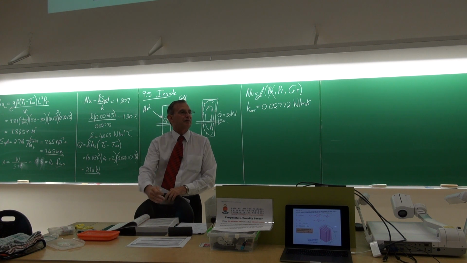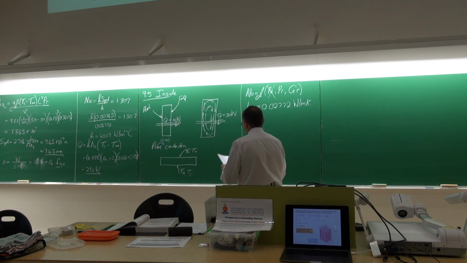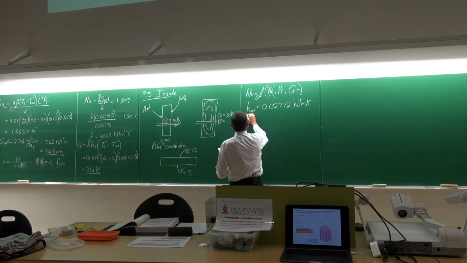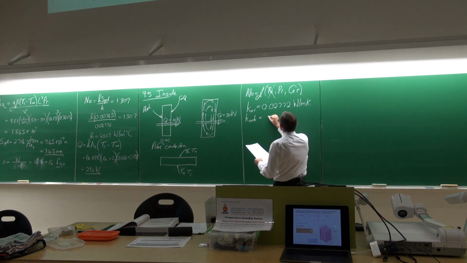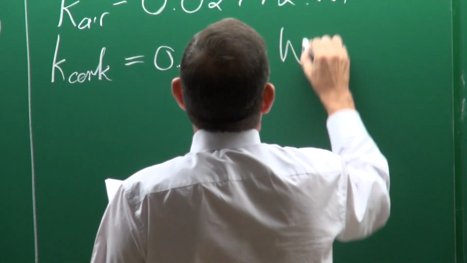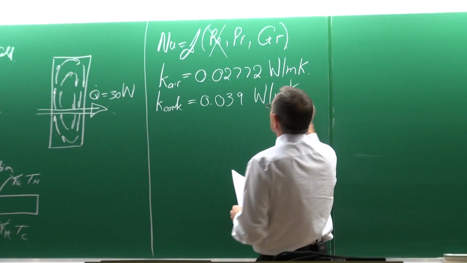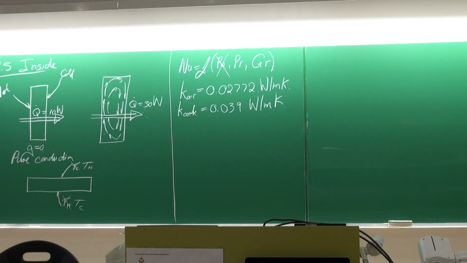About 40 or 50 types of materials are given there, as that falls into the category of insulation materials. So if you go and look at different insulation materials, cork is being used as an insulation material. Now cork has a value of 0.039 watts per meter Kelvin. So air is a better insulator than cork.